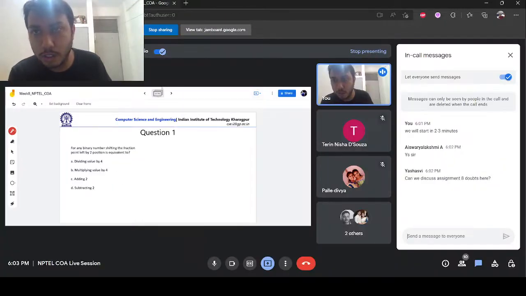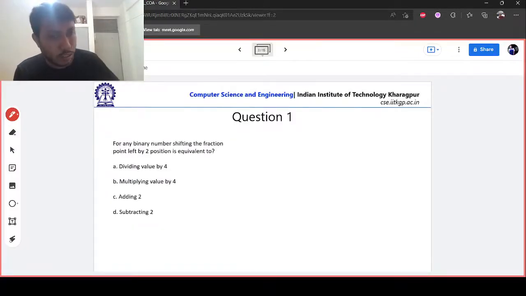Okay, so this is the first question. For any binary number, shifting the fraction point by 2 positions is equivalent to... So we have a binary number, and this is the fraction point.